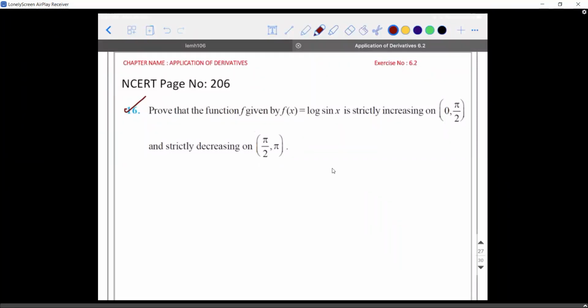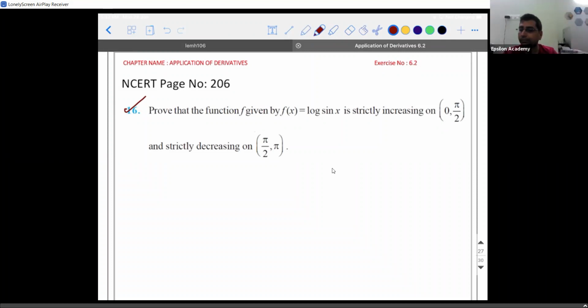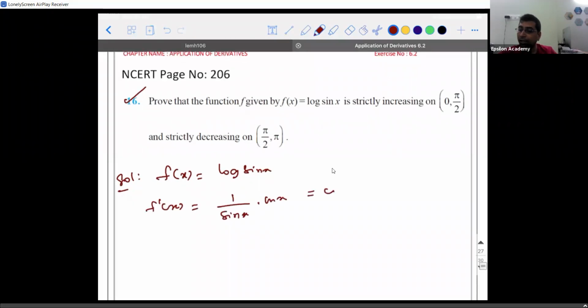What is the derivative of log of sin x? Sir, cot x. You get it as cot x. Everyone got it? So for log of sin x, f dash of x will be 1 by sin x into cos x. That is going to be cot x.